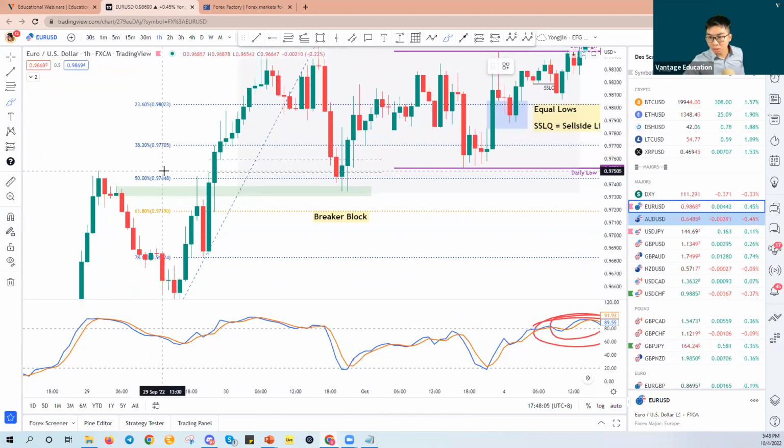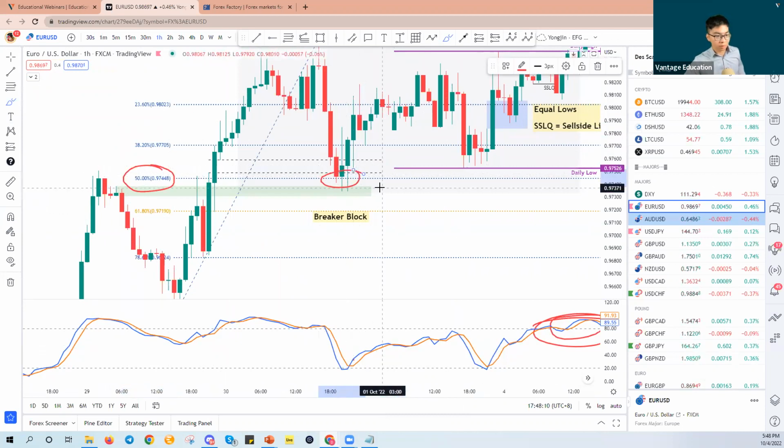Price tapped on the 50% Fibonacci area. Using smart money concepts, any buy price below this 50% area and below is discounted pricing.